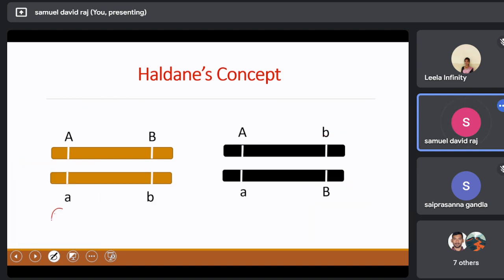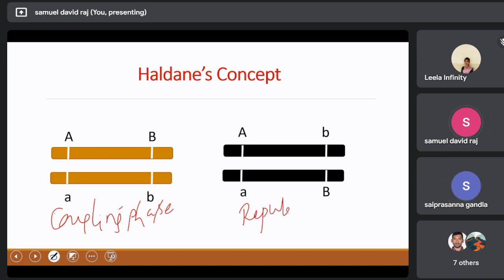In order to remember the experiments of Bateson and Punnett, cis phase is also called coupling phase, and trans phase is called, can anybody tell me what this phase can be called? Repulsion phase.